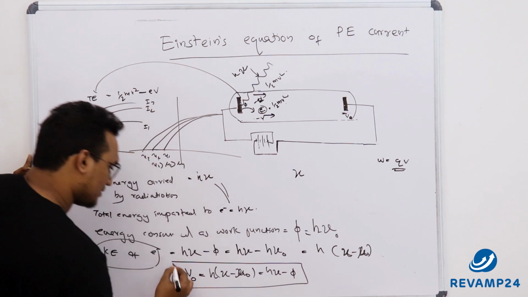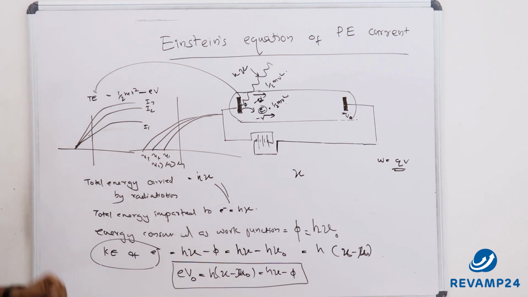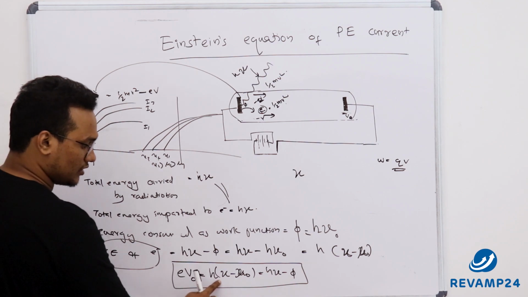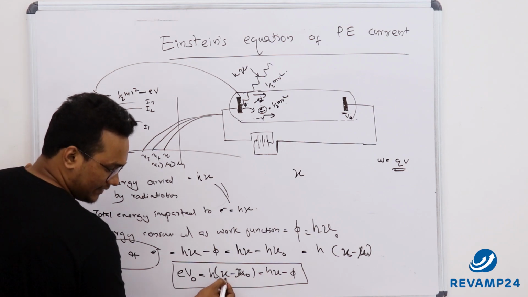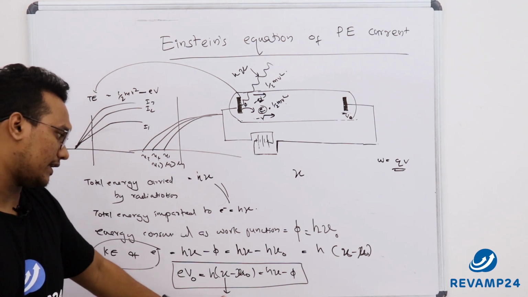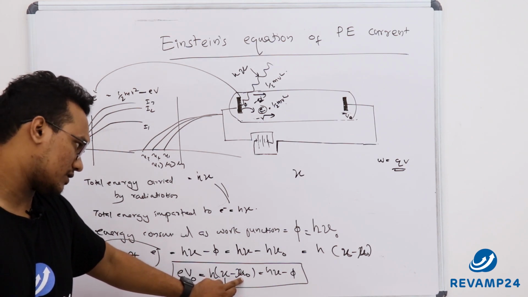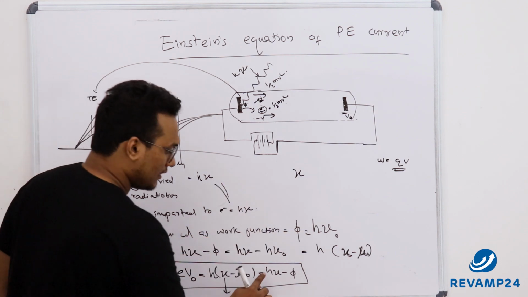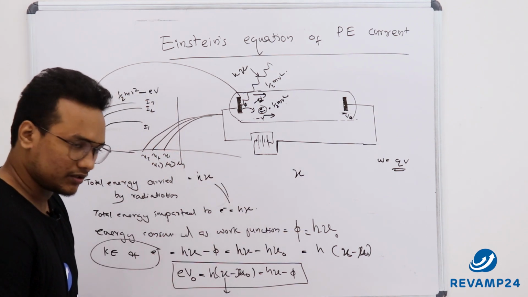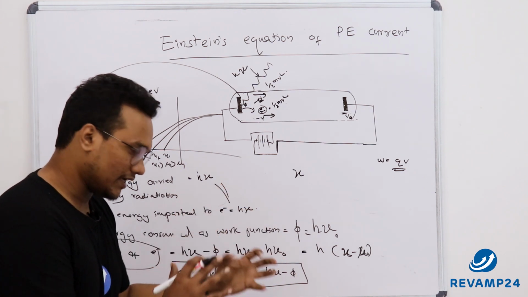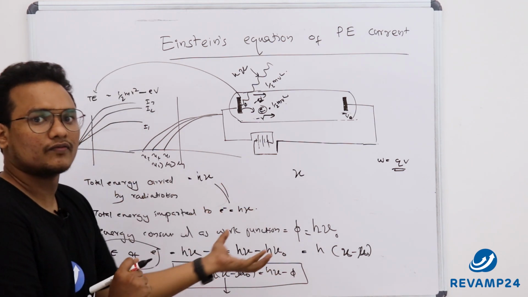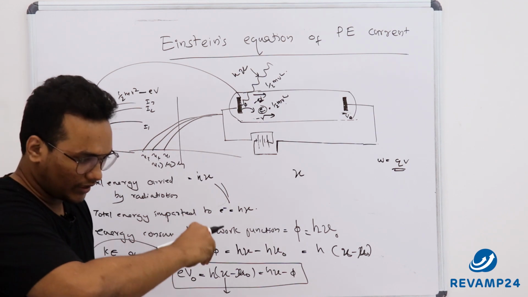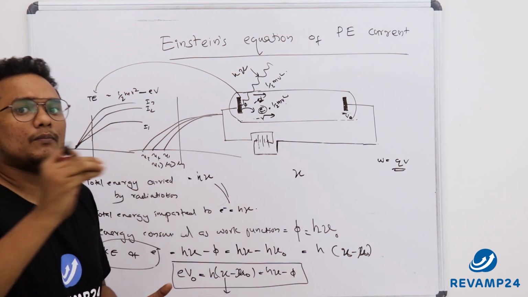So these equations can be used according to the question. Either you can use this equation, e into stopping potential is equal to h into (nu minus nu 0). Here nu is the frequency of incoming radiation, and nu 0 is the threshold frequency. If the threshold frequency is not given, and instead the work function is given, h nu is the energy of the incoming radiation, and phi is the work function, the part of the incoming radiation consumed for an electron to come out of the surface.